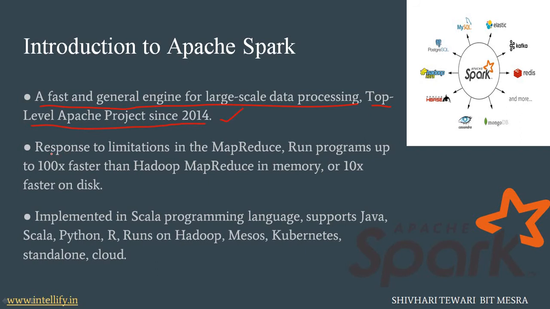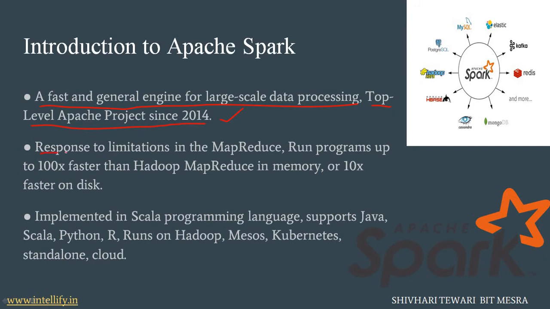Why do developers, data processors, and data engineers use Spark instead of MySQL, or Hadoop MapReduce? It was used when Hadoop MapReduce got limitations in large data sets or large scale data processing.